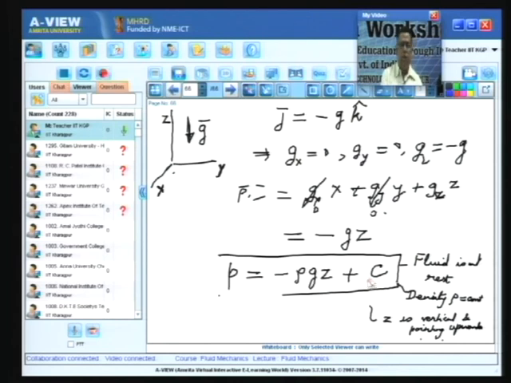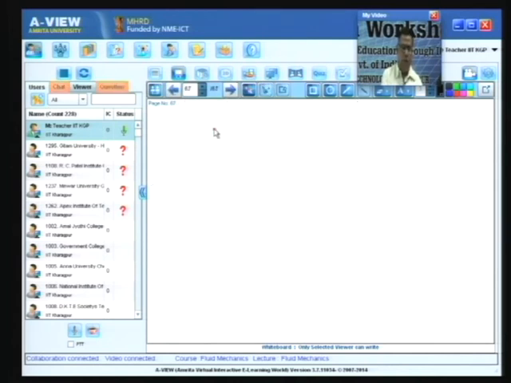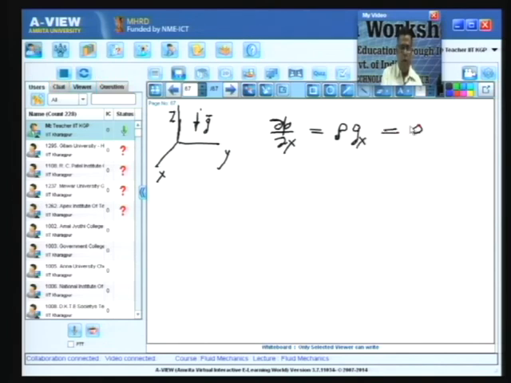Now, the last expression you could have derived directly also, when you have the z axis vertical and g is downwards. You have del p del x equal to rho g x equal to 0.